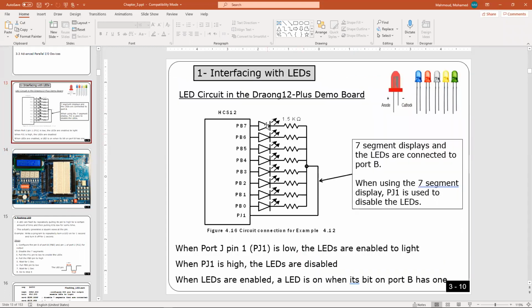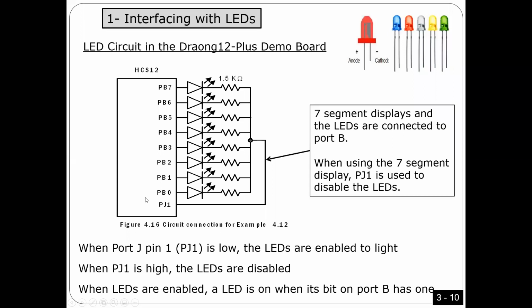For the 8 LEDs we have, I told you last time, they are connected to port B, as you see here. I also told you all the cathodes are connected together and they are connected to PG1, right? This PG1 can be used to enable or disable the LEDs.